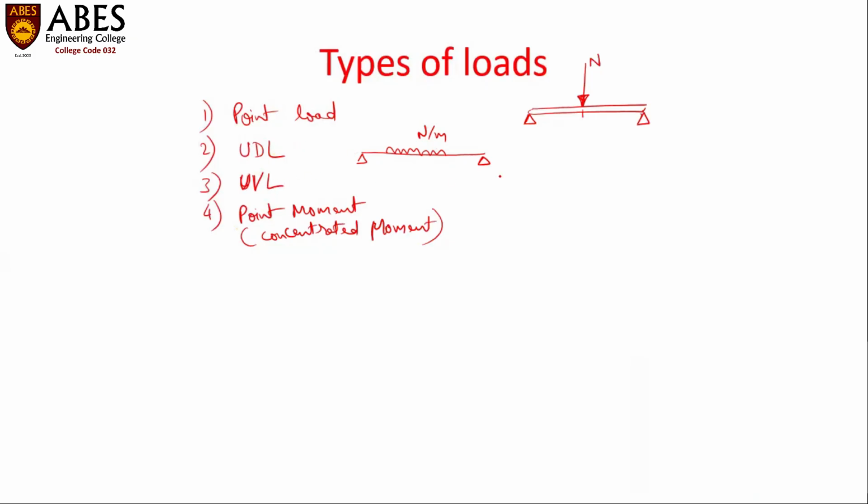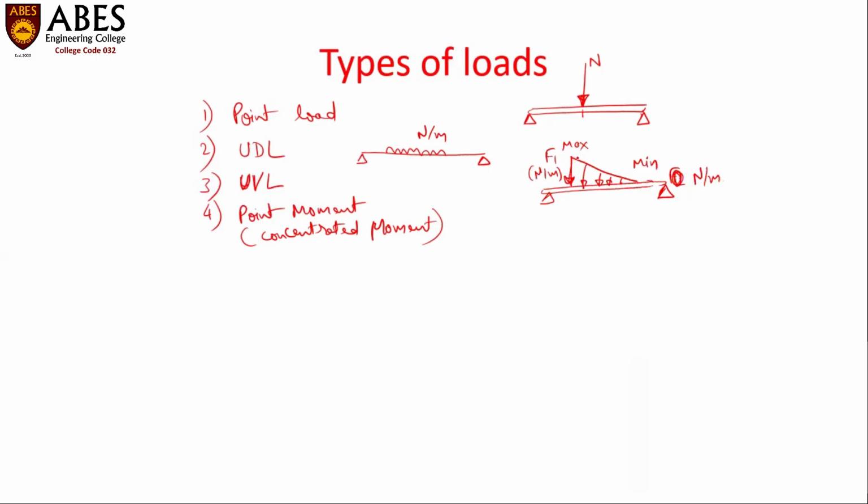Now in case of UVL, it is shown like a triangle on a particular length of a beam. The intensity of the load varies from a maximum value to a minimum value. Suppose the maximum intensity is F1 Newton per meter and the minimum intensity is F2, which is clearly zero in this case, 0 Newton per meter.